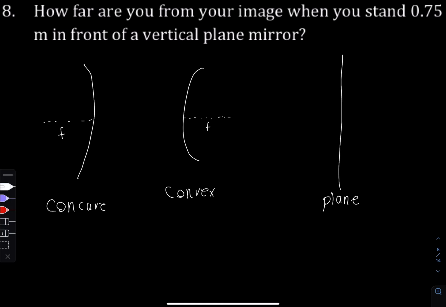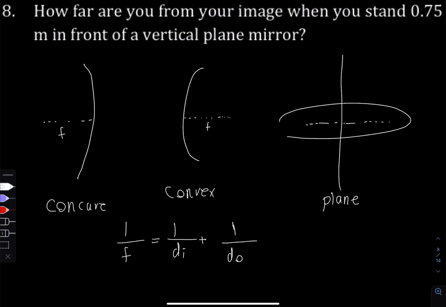Excuse me. The concept of focal length really doesn't apply here, because if you extend this out, right, it wouldn't turn into a circle. However, mathematically, when we use the equation like this, it actually makes sense to treat the focal length of this as being infinity. So this had a focal length of something positive.